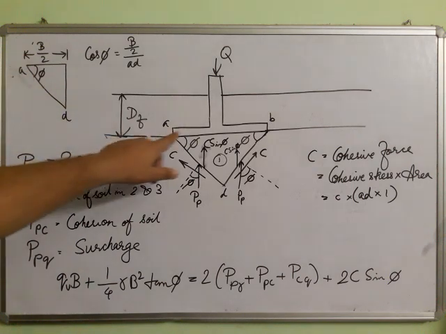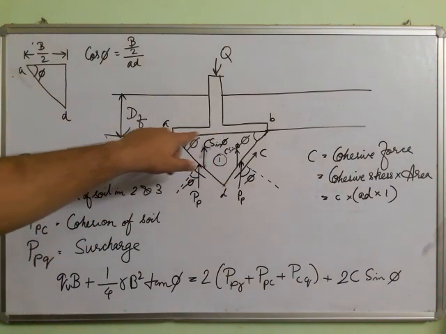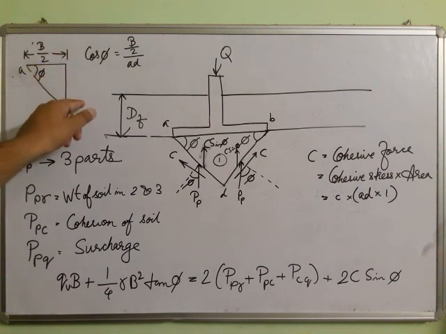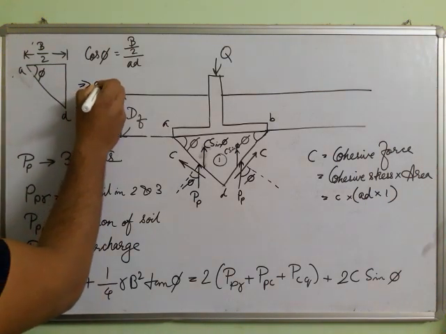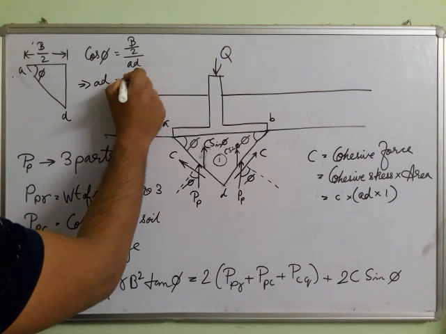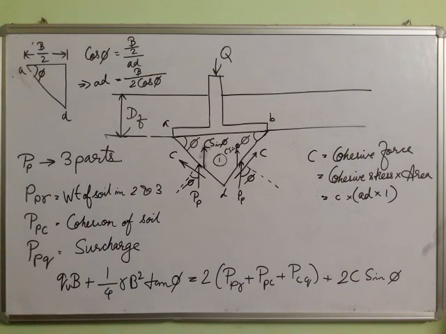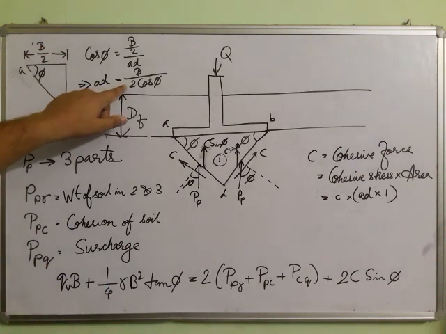Because if this is the triangle, taking half of the triangle, b by 2, cos phi is equal to base by hypotenuse. So what can we write in place of AD? AD will be equal to b by 2 cos phi.